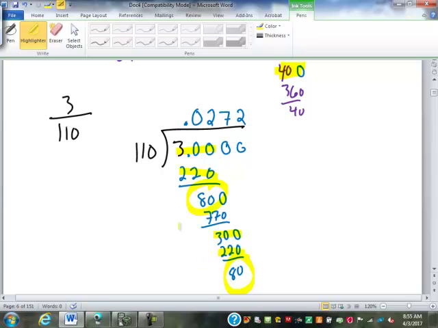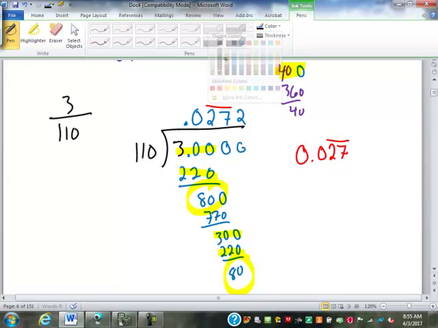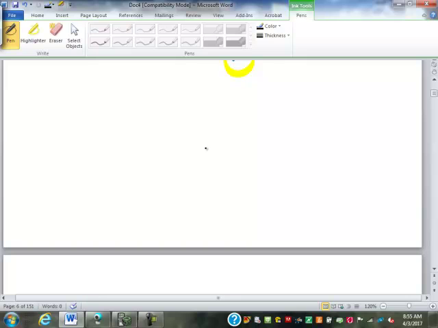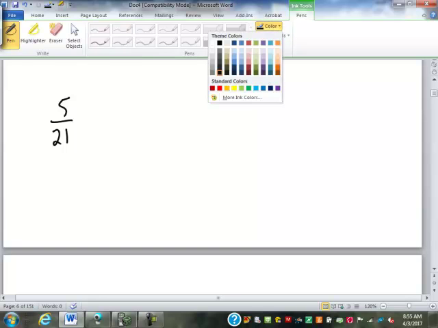We're going to be in that repeating cycle again. So what's going to repeat this time? 27. So this is 0.027 with the 2 and 7 repeated. So the key is getting the correct digits repeating there. You might have 5 over 21. I'm going to have you do that one in your notes quick. See what you come up with.